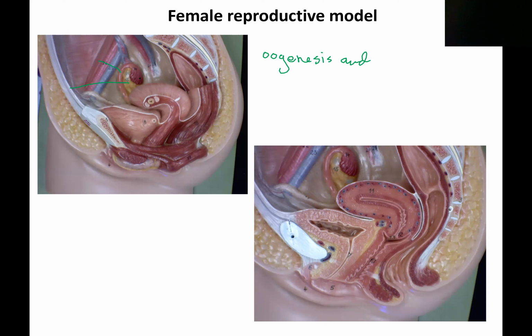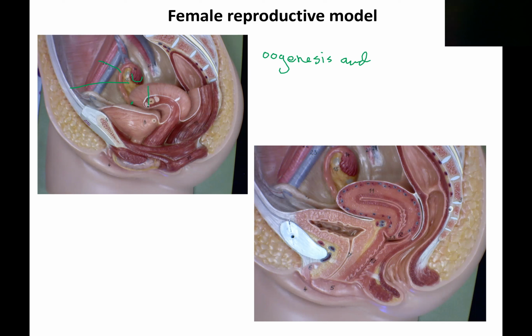The oviduct, again from the fimbria, and then it disappears here. They transport the developing ovum towards the uterus, and they're often a site of fertilization or conception.